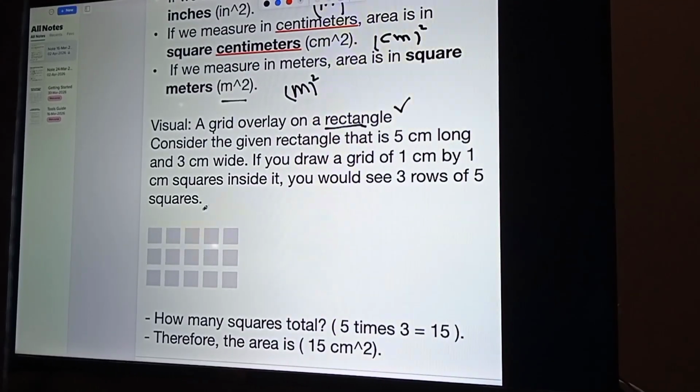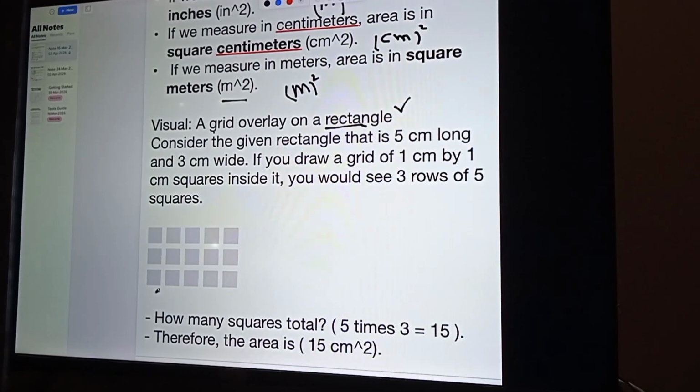So the given rectangle is 5 centimeter long and 3 centimeter wide.